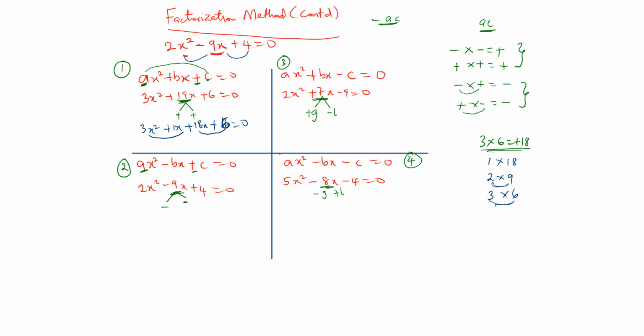Since it is plus 7 that we are looking for, which is greater, 2 or 9? That is 9. So let them know that 9 will take a plus and this will take a minus. So we are replacing it with 2x squared minus 2x plus 9x minus 9 equals 0.